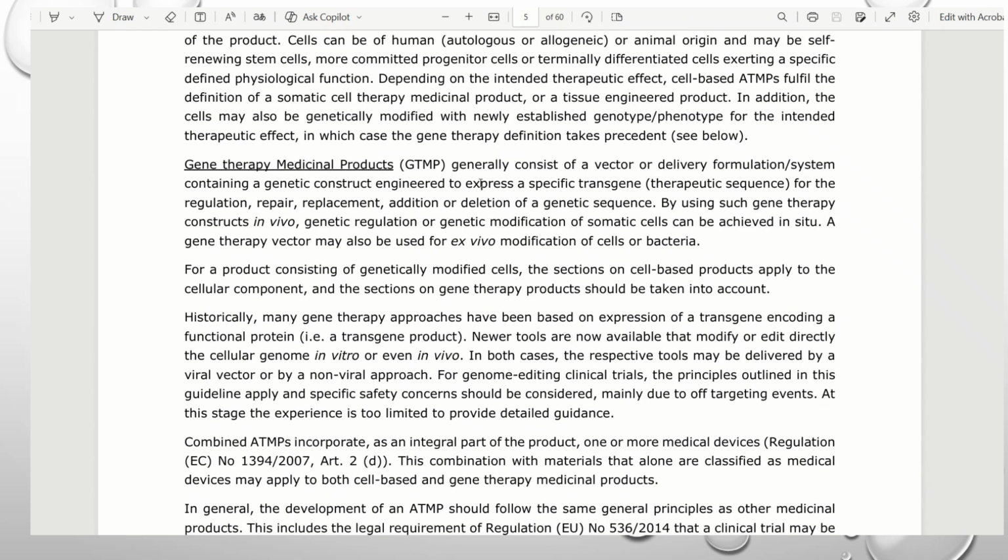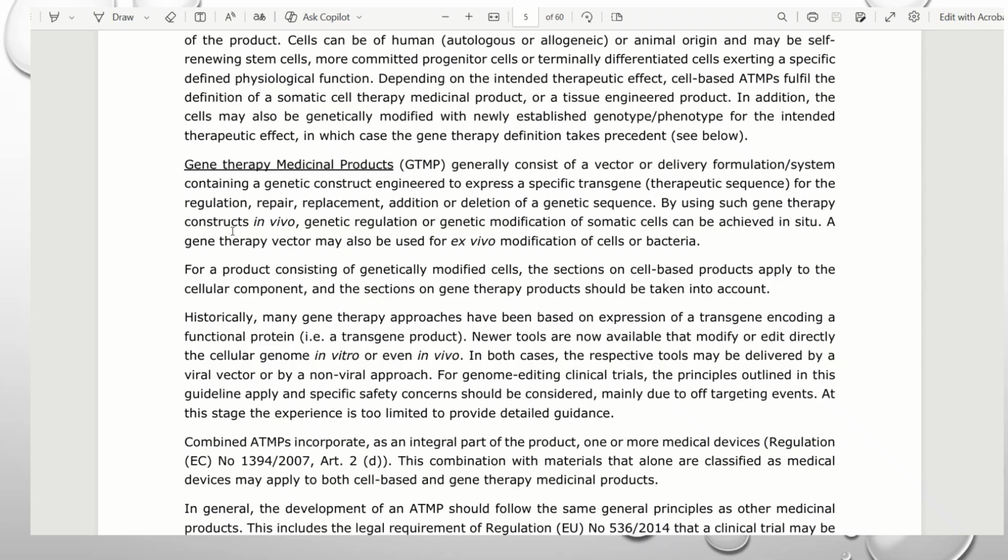Gene therapy medicinal products generally consist of a vector or delivery formulation system containing a genetic construct engineered to express a specific transgene for the regulation, repair, replacement, addition, or deletion of a genetic sequence. This is incorporated in the product, but it's not the main mechanism. The therapeutic transgene is what gives the cells their therapeutic ability, but the primary mechanism of action is this functional cellular action.